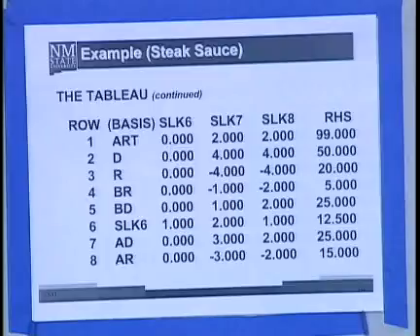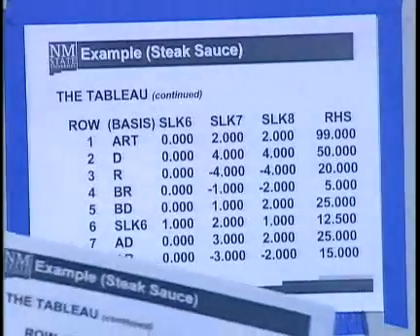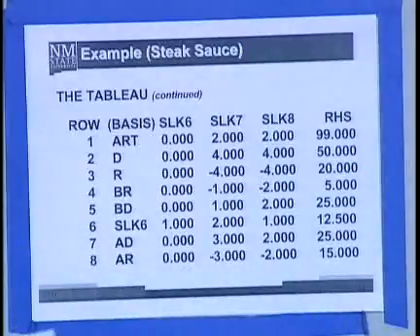If the relative profit, or the reduced cost, of any non-basic variable is 0, then the current LP has an alternate optimal solution, which means the current LP has an infinite number of optimal solutions, right? And we have 4 non-basic variables. What are they?